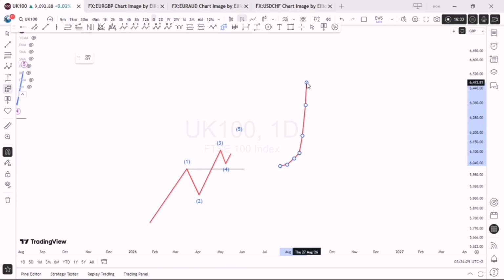And then what happens is wave 4, because wave 3 was very powerful and took a very short period of time, wave 4 will often take a lot of time. Instead of correcting deep, it will take a lot of time. Why is it doing that? It's trying to balance the price and time, because wave 3 took a very short period of time. So wave 4 will take a longer period of time to account for that short period of time in wave 3.